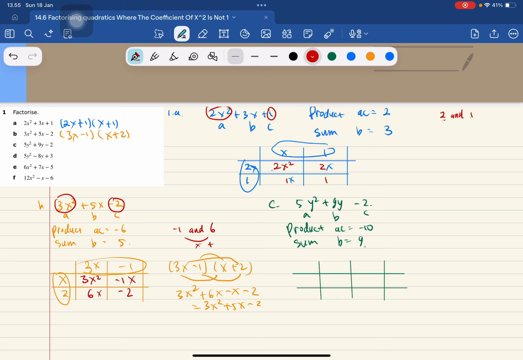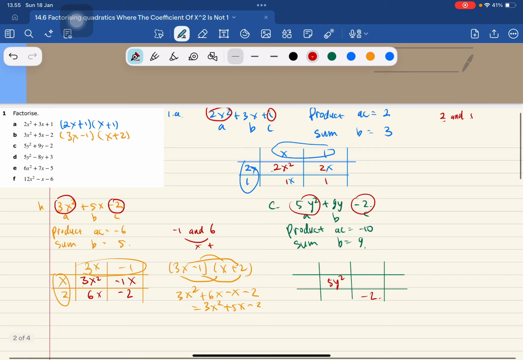Okay, so first 5y squared, we will write it here, and minus 2. So the two numbers, when we add, it's going to be 9. However, when we multiply, it's going to be minus 10. It is minus 1 and 10. The product is going to be minus 10. The sum is going to be 9.